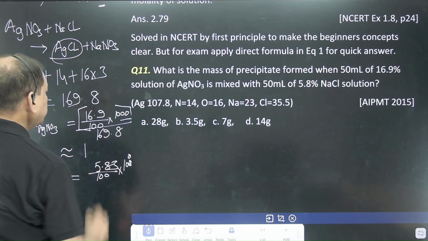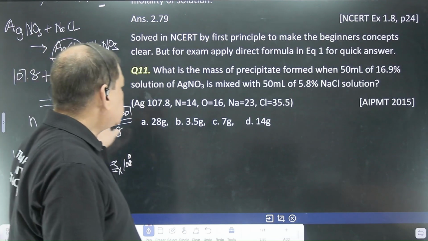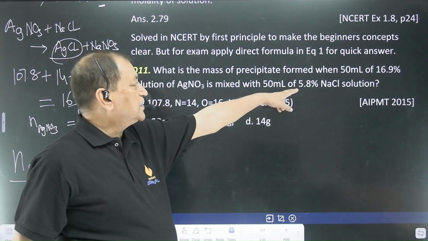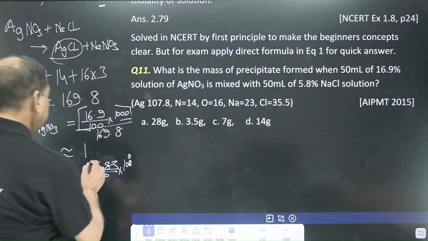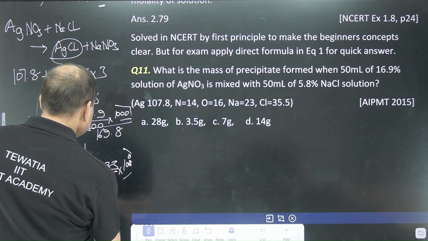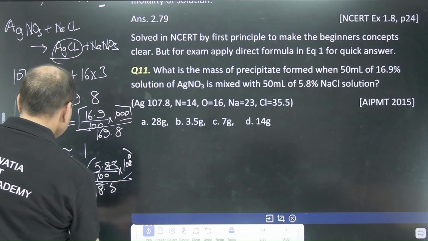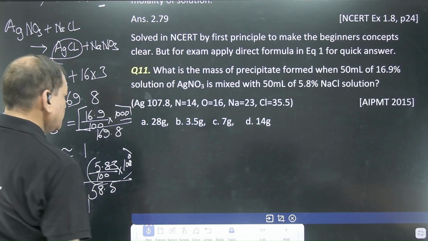Why are we multiplying by 1000? Percent means out of 100, 5.8. Out of 1000 it will be 58. Divide by molecular weight of sodium chloride again is 58.5. So you can again presume 1 mole.